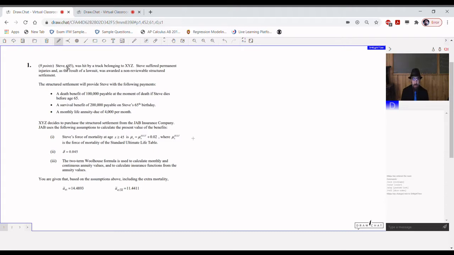XYZ decides to purchase the structured settlement from the JAB insurance company. JAB uses the following assumptions to calculate the present value of the benefits. Steve's force of mortality at age x at least 45 is mu sub x, equal to the standard ultimate life table's mu sub x plus an additional 0.02.